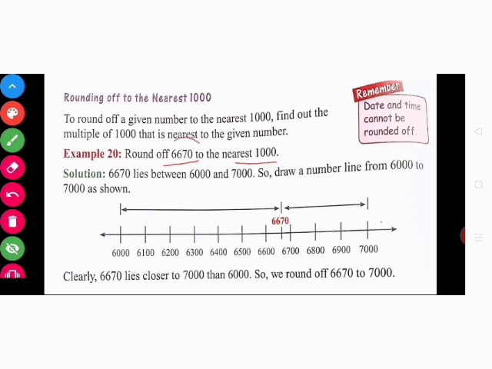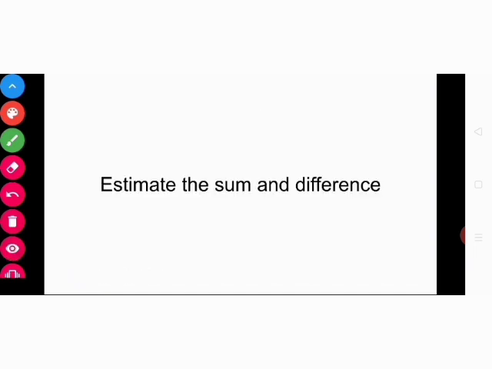This 6670 lies between 6000 and 7000. Where is 6670? It is here, so it is closer to 7000. So we round off 6670 to 7000.